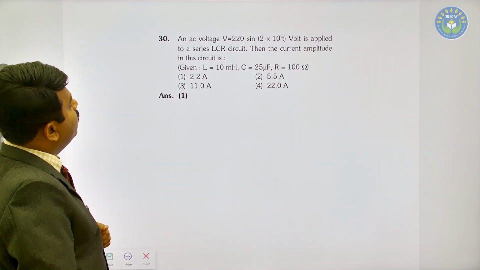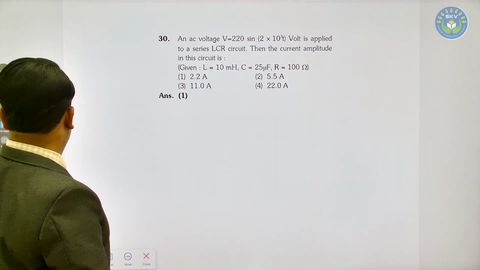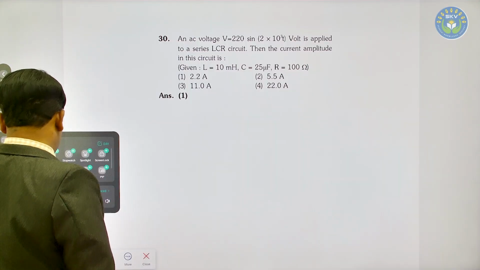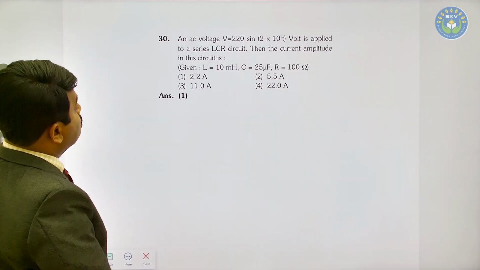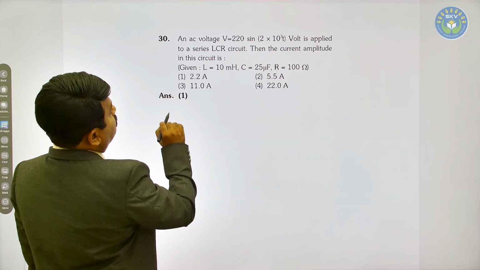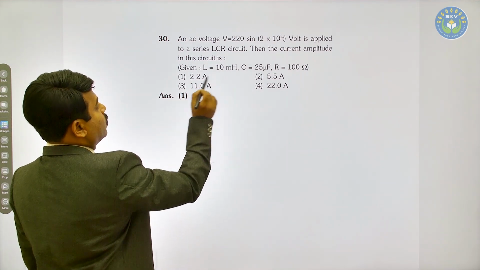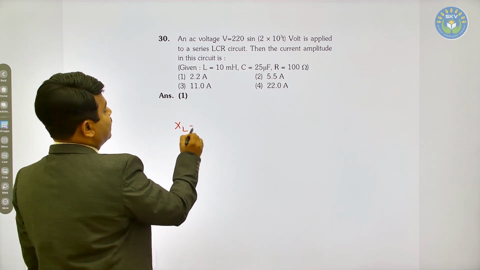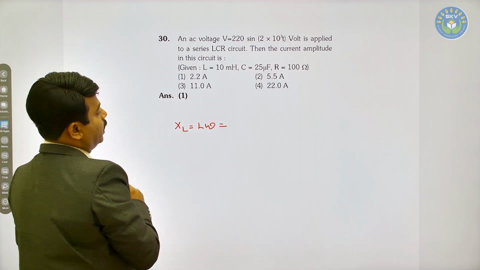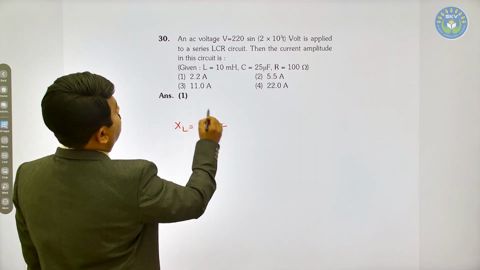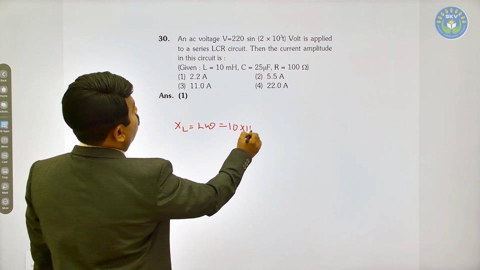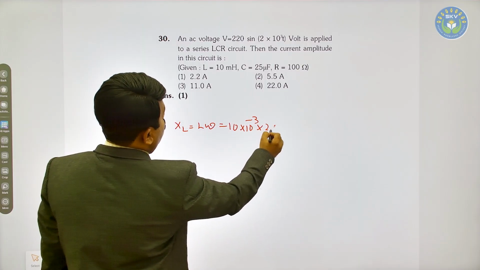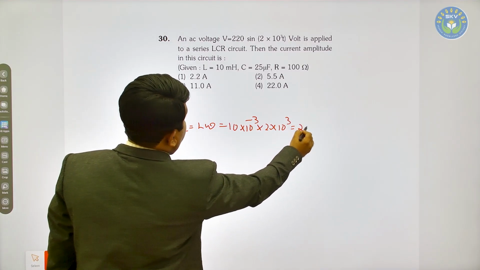220 sin(2 into 10³ t) volt is applied to a series LCR circuit. Then the current amplitude in the circuit is, see, suppose here this is the inductor value, capacitor value, resistance value. What is XL? XL is equal to L omega, right? L is given, what is L? 10 into 10⁻³ into 2 into 10³, that is 20 ohm.